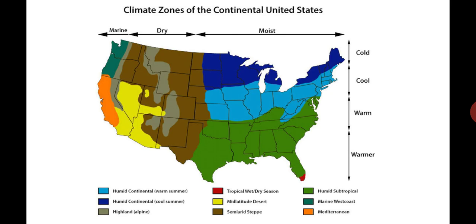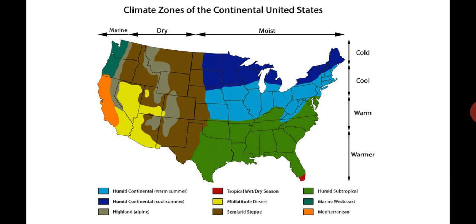If we look at the map of the climate zones of the continental United States, we can see that all kinds of climates can be found on the territory of the United States. It happens because, as you understand, the USA has the third largest territory in the world. You remember this? It was mentioned above.